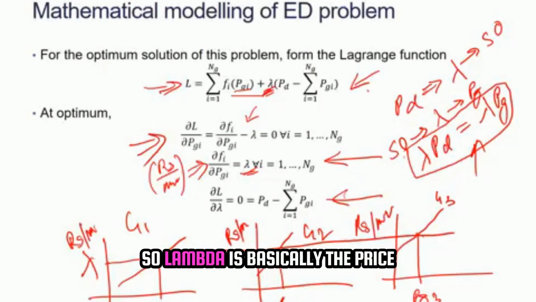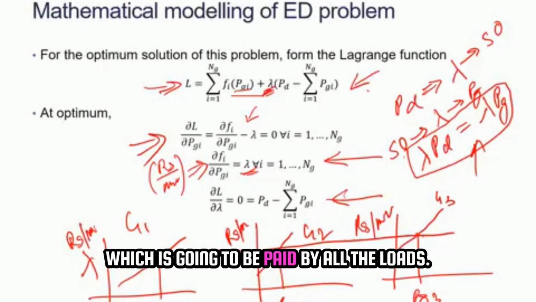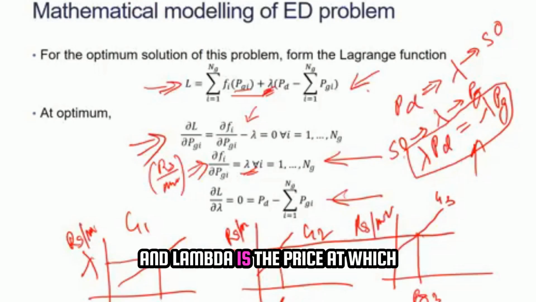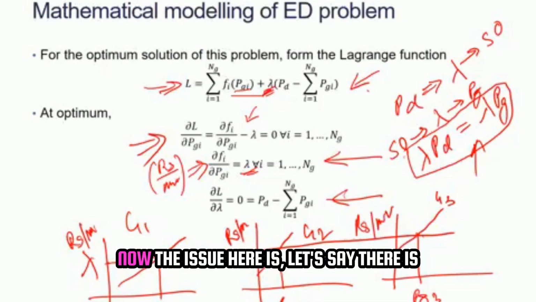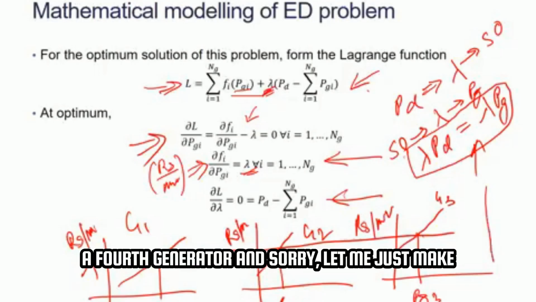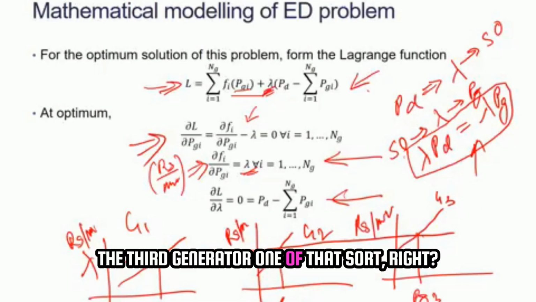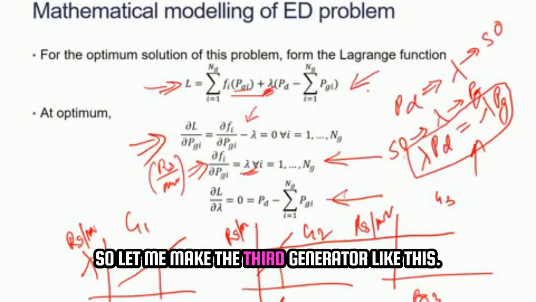So lambda is basically the price which is going to be paid by all the loads, and lambda is the price at which the generators are going to get paid. Now the issue here is, let's say there is a fourth generator, and sorry, let me just make the third generator one of that sort, like this.